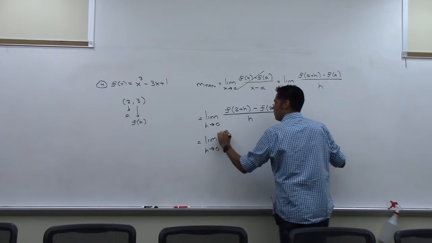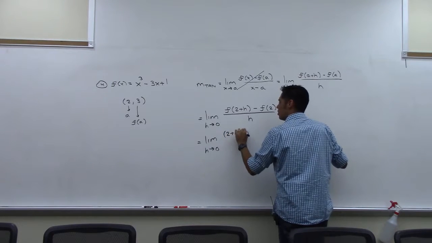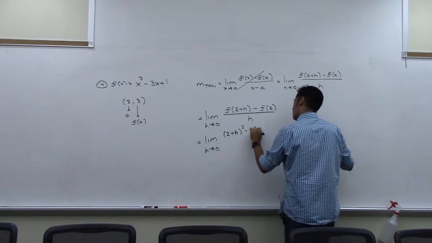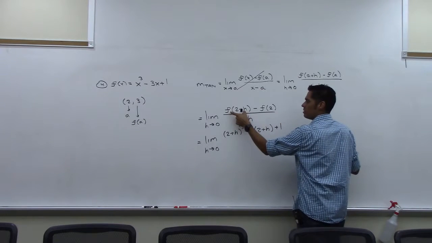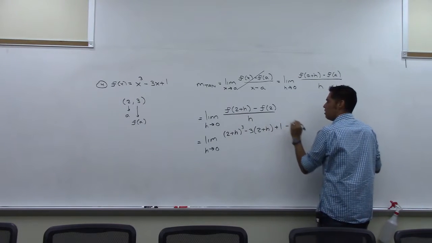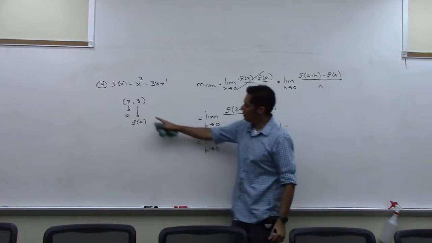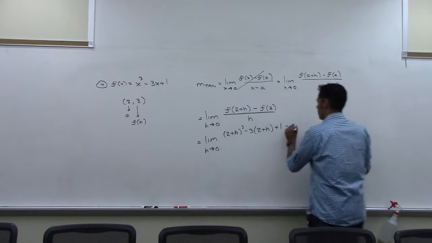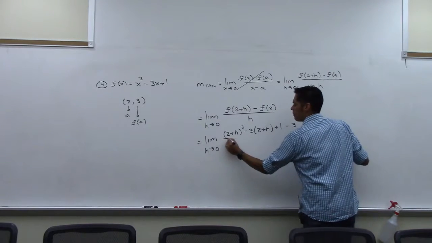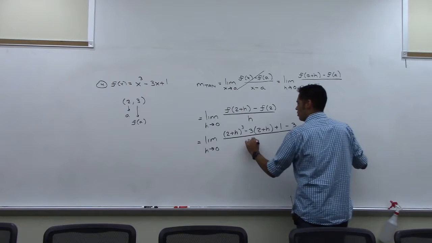That's going to be ugly. 2 plus h cubed minus 3 times 2 plus h plus 1, that's just this, minus what's f of 2? Well, we already said right here, a is 2, so f of 2 is 3. This is just 3.